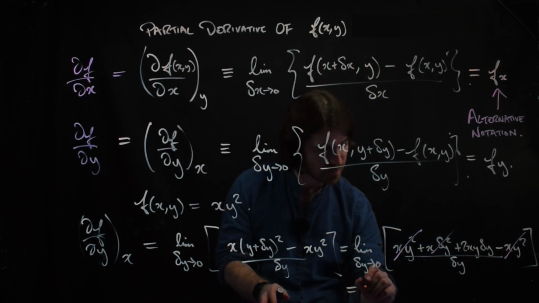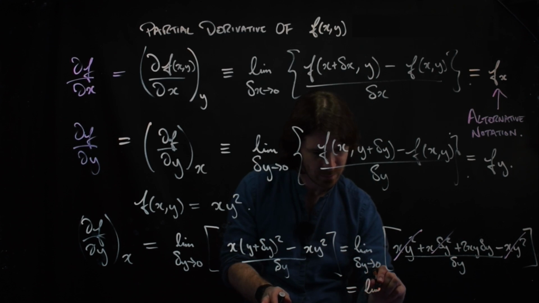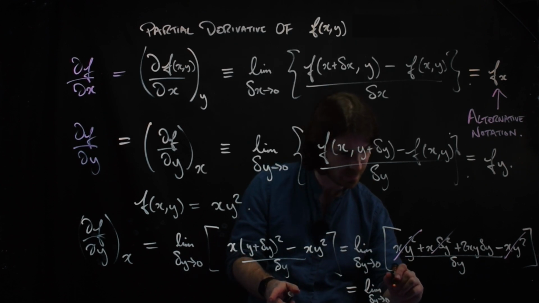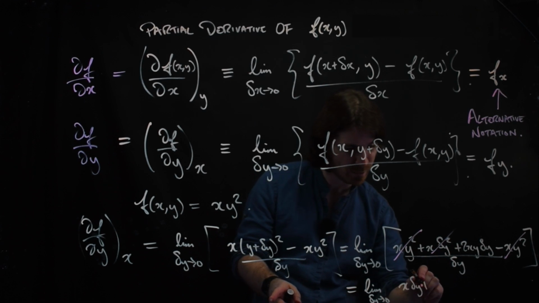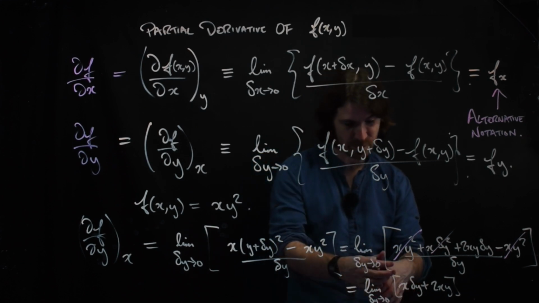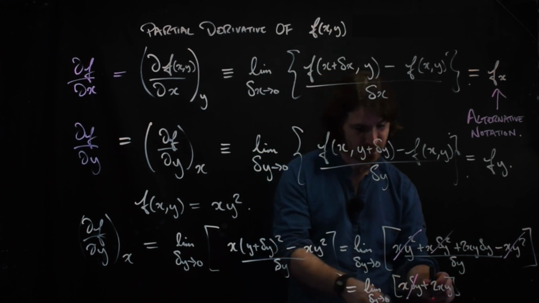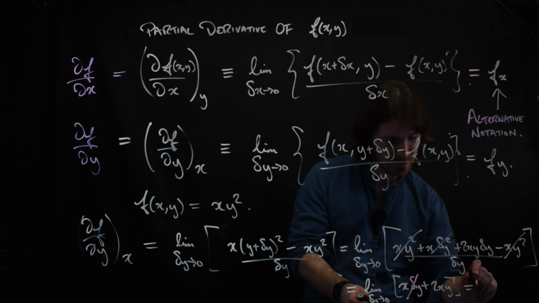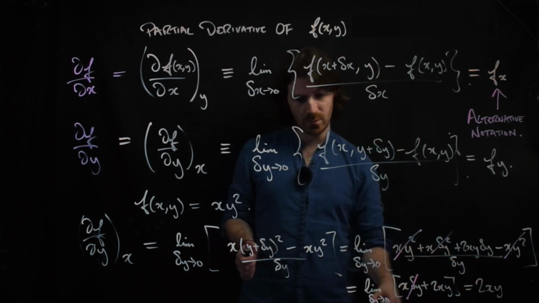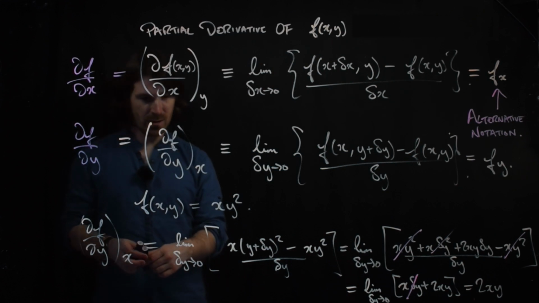So this equals the limit delta y to 0 of x delta y, that's this term, plus 2 x y. As you take the limit delta y goes to 0, this first term goes, like we said. So this is just 2 x y. So that's an explicit example.